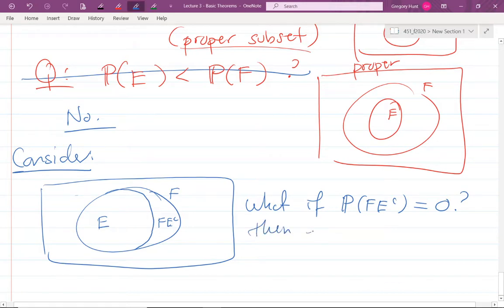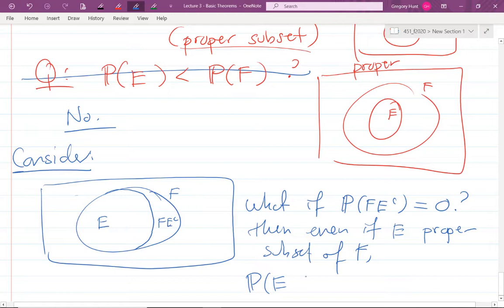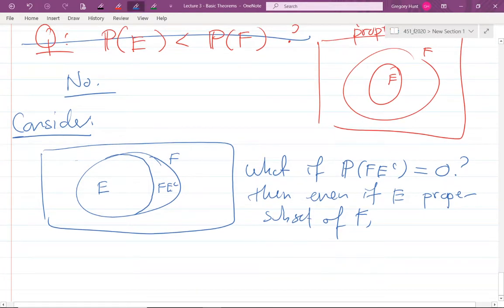Then, even if E is a proper subset of F, the probability of E, well, we can show it's going to be equal to the probability of F. Let's show that. Probability of F E complement, we assume that's 0.